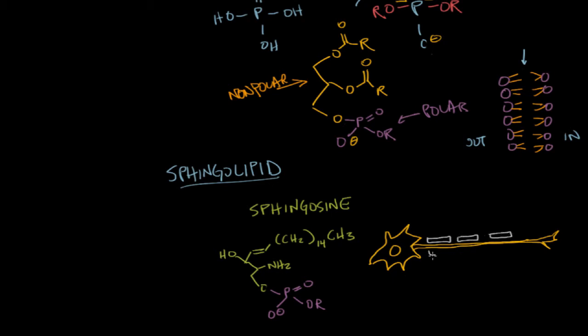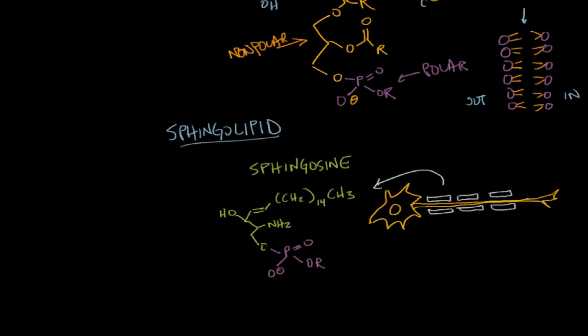So we've got myelin right here. And the properties of myelin, which allow it to insulate this nerve axon, are predominantly due to the sphingolipid concentration in myelin. So sphingolipids have a similar structural function within cell membranes, but mostly within nerve cells.